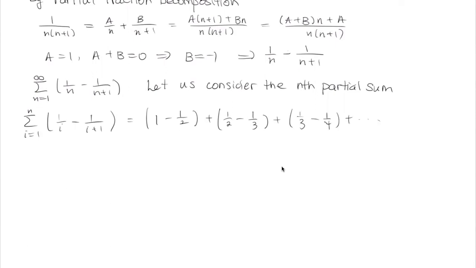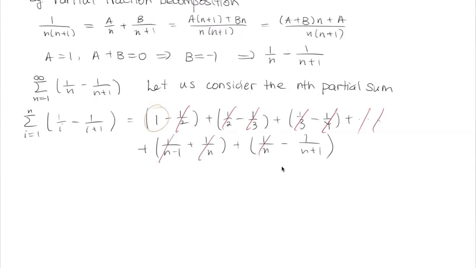And if we keep on adding the terms until we have 1 divided by n minus 1, plus 1 divided by n minus 1 divided by n plus 1. So what we have now is that all the terms in between cancel: we have the 1/2 canceling, the 1/3 canceling, the 1/4 and 1/4 in between, and the stuff in between cancels except for the last term.